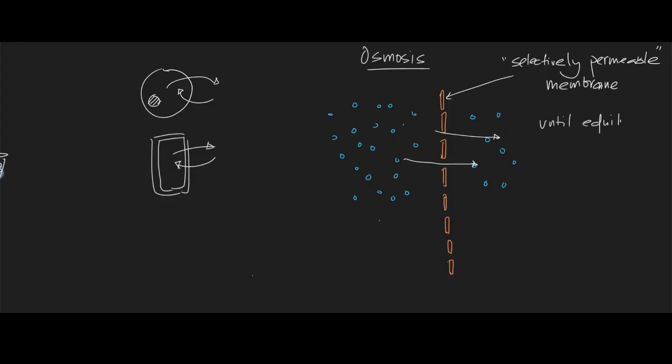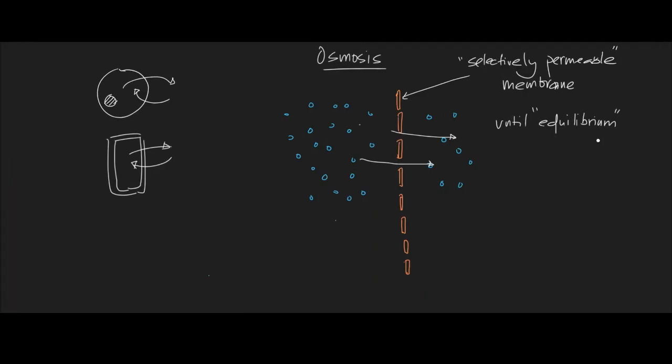equilibrium. I'm sure you already understand what equilibrium means, but in case you don't, equilibrium is a state when the molecules are now roughly equally distributed on either side, in either regions. So they are at equilibrium.